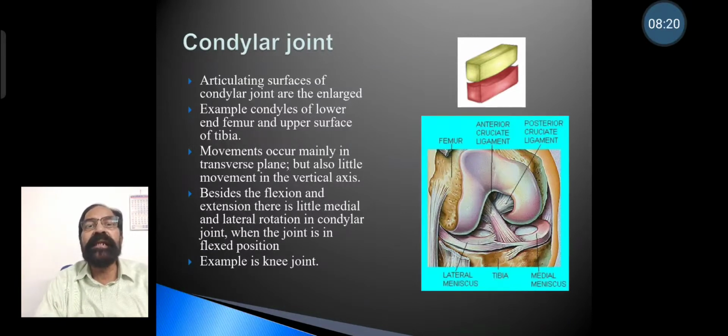Movements occur mainly in the transverse plane, but also a little movement in the vertical axis. Besides flexion and extension, there is a little medial and lateral rotation in a condylar joint when the joint is in flexed position. The example of condylar joint is the knee joint.